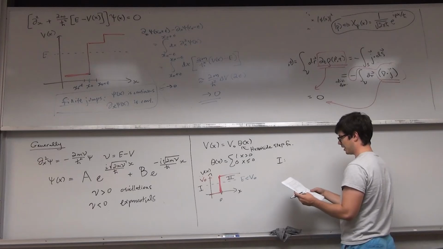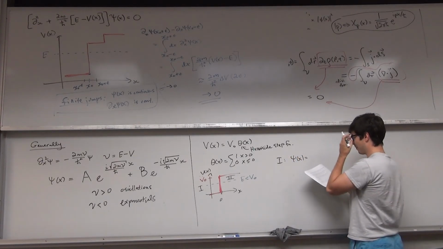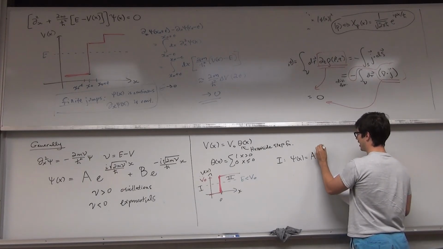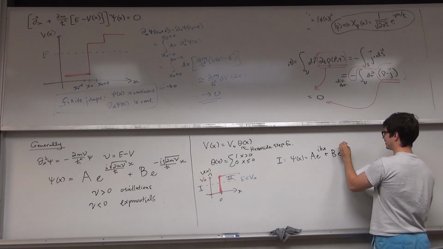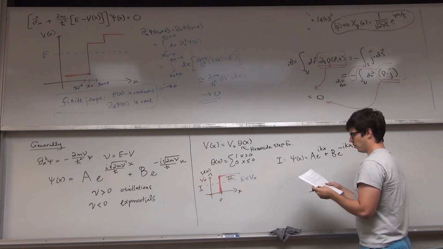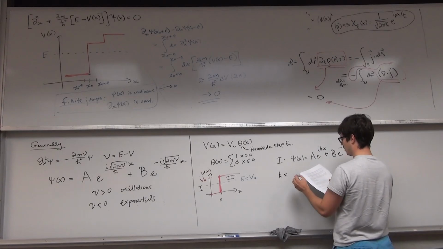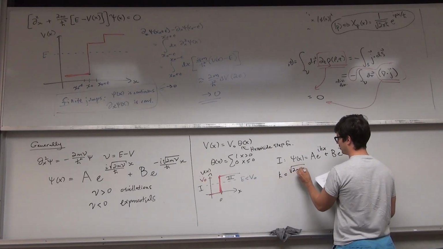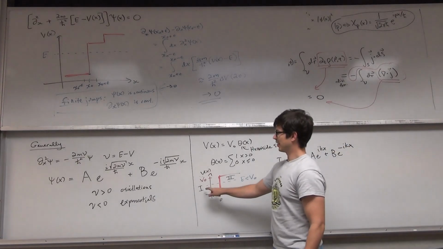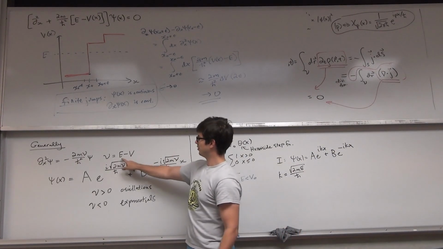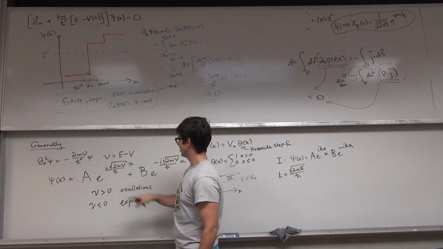So we'll have psi of x equal to A e to the ikx plus B e to the minus ikx, where k is just the square root of 2mE over h bar. That's what it is here, because here V is 0, so nu is E.